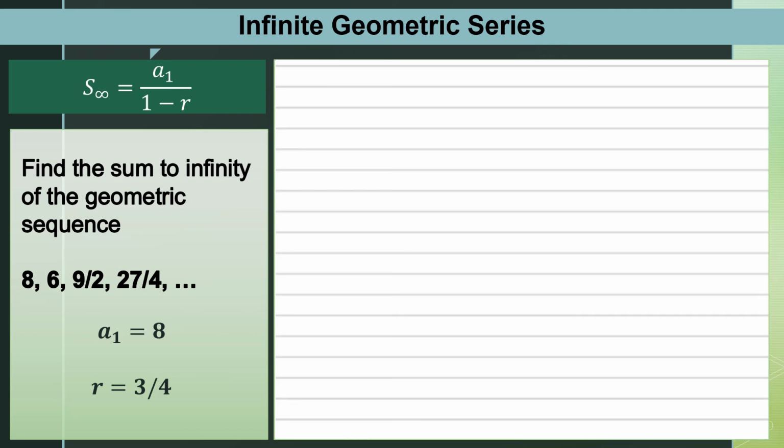Ngayon, pwede na tayong mag-compute ng ating geometric series. Ang formula natin ay S sub infinity is equal to A sub 1 over 1 minus R. So, S sub infinity is equal to, ang A sub 1 natin ay 8 over 1 minus 3 over 4.